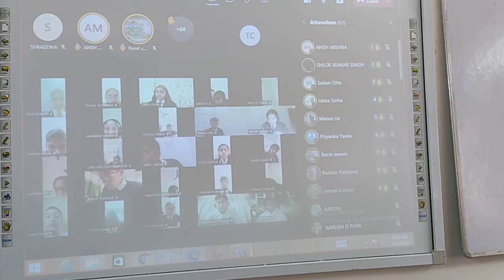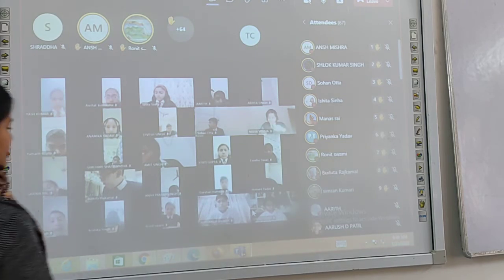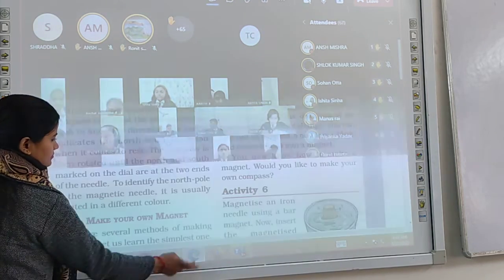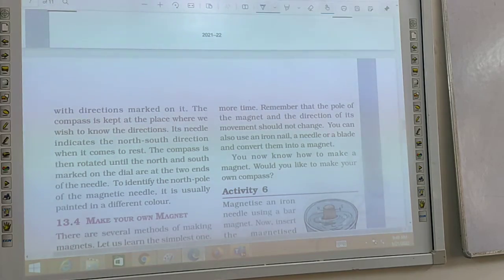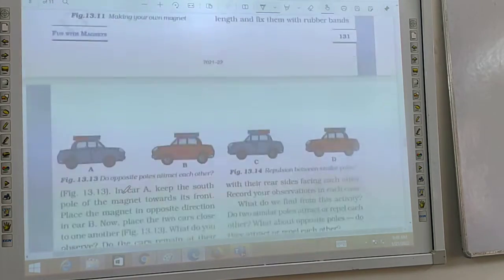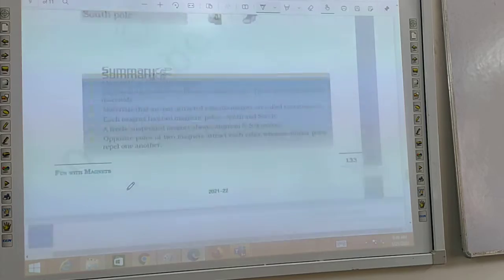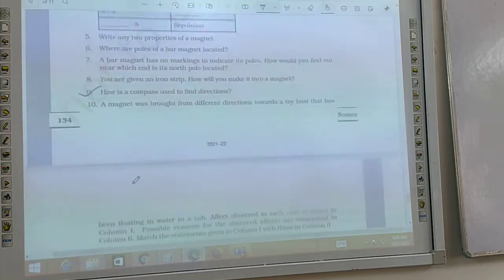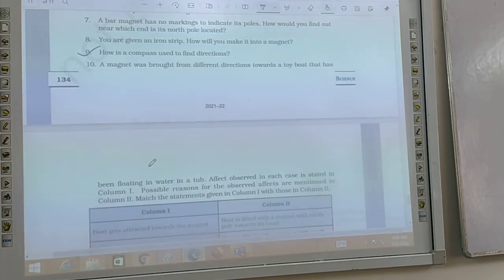Now you have to do question number 10 in your science book. A magnet was brought from different directions towards a toy boat that has been floating in water in a tub.